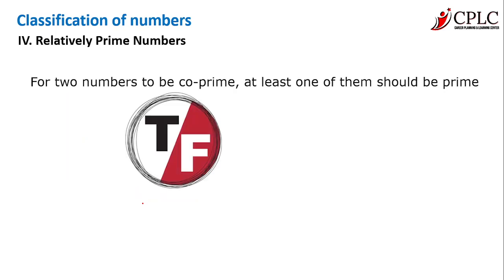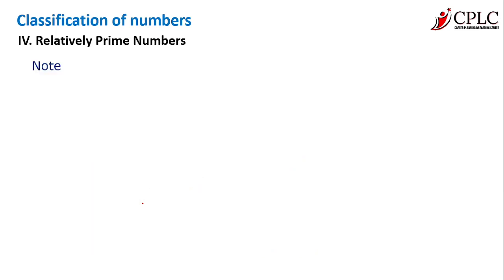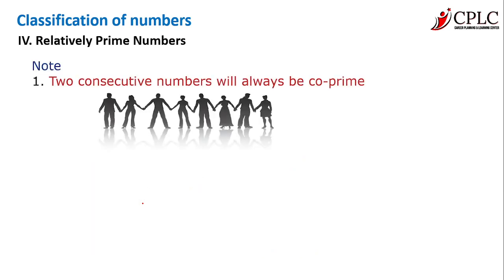Now, a few pointers related to this. The first point: two consecutive numbers are always co-prime, and that is applicable for all consecutive, back-to-back numbers.